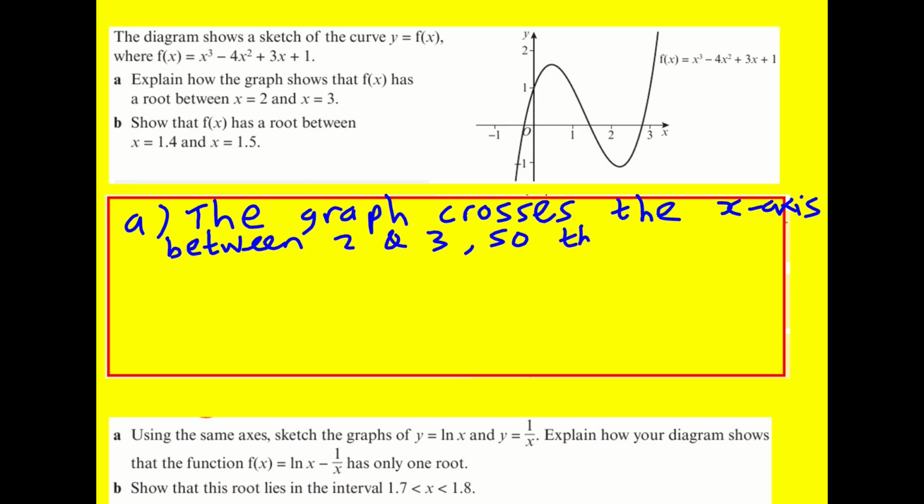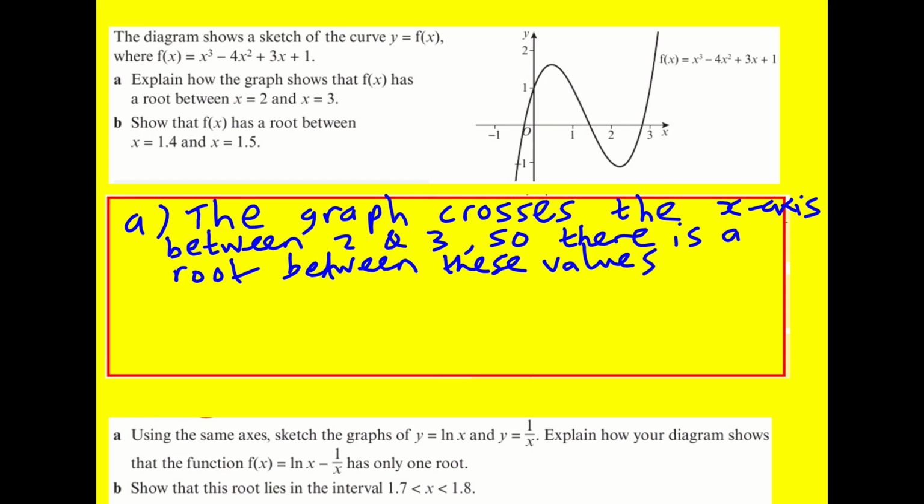So there is a root between these values. Haven't really used the sign change rule here, just sort of explained what a root is. Okay, the sign change rule is going to come in for part B.